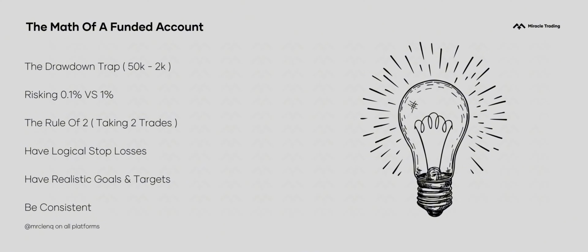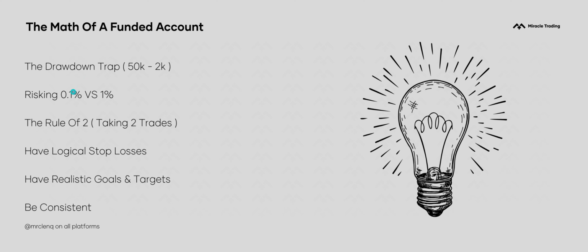Now let's jump to the math of a fund account. So we have the drawdown trap, which is this right here. If you're having a 50K fund account, you're not having $50,000 to trade with because the drawdown is $2,000. So you're not trading with a 50K account, you're trading with a $2,000 account. So you're not going to be risking based off of the $50,000 that you're seeing. You're going to be risking based off of the drawdown that you have, which is $2,000.